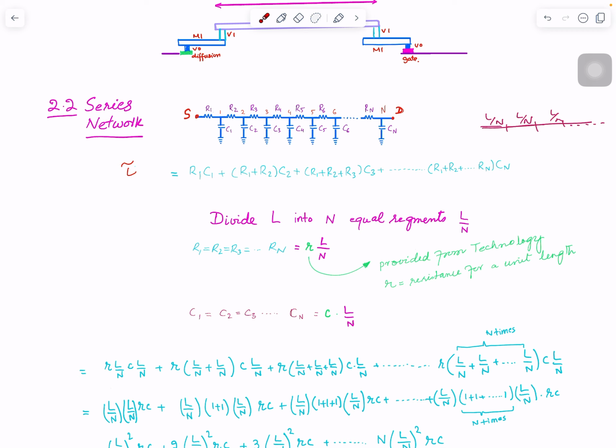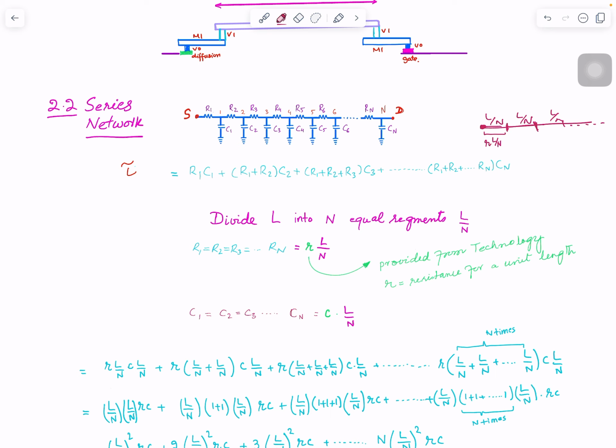And how much is each resistance? If the entire length is divided into n segments, each segment's length is L over n. Remember the small r that I mentioned, which is the resistance per unit length?